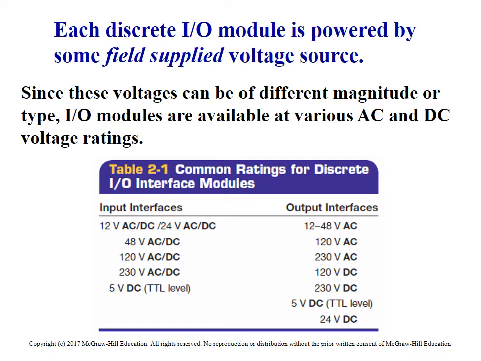In the last 10 years or so, they've really pulled away from the 110, 120 volts, and now they're really focusing on the 24 volt DC, just because of the possibility of getting shorted to ground and causing people to get hurt. So they stick with the 24 volt DC in most everything.